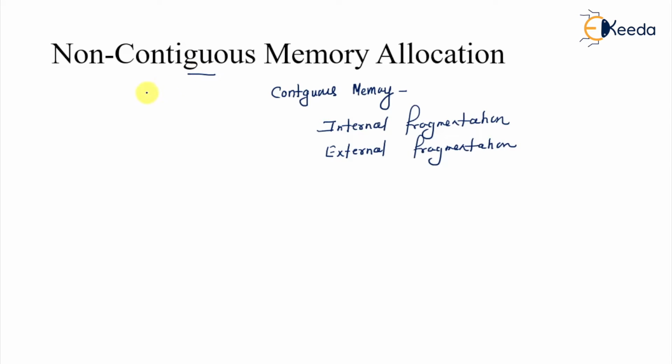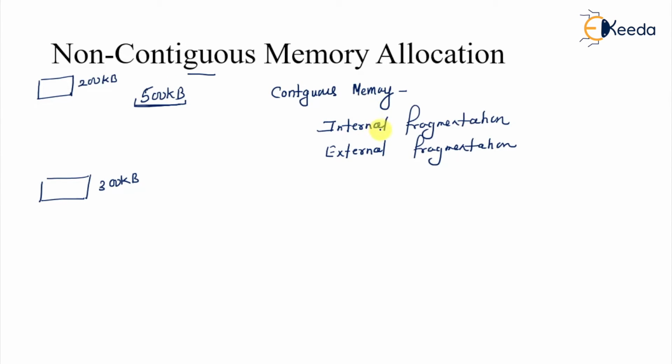If I want, let's say, 500 kilobytes of space, then this should be assigned in a contiguous manner. So if I do have a space of 500, but I have something like 200 kilobytes in one space and suppose 300 kilobytes in another space, I still cannot allocate because the requirement is that it should be contiguous.